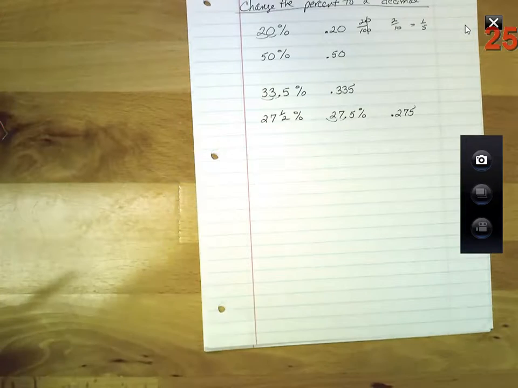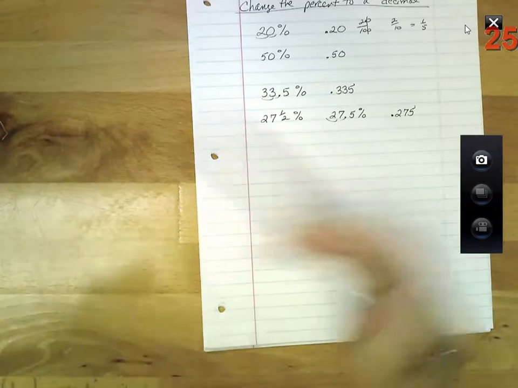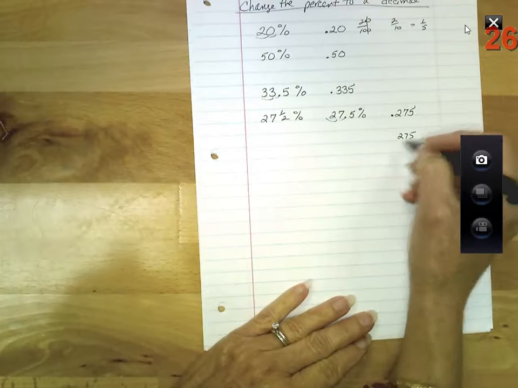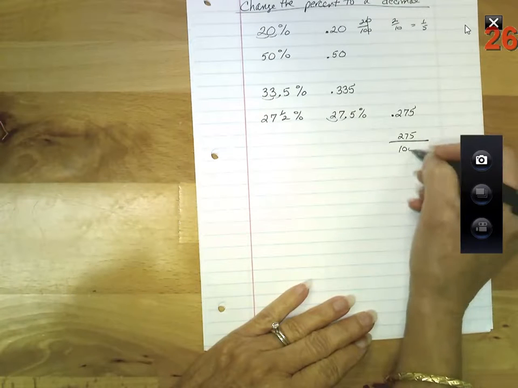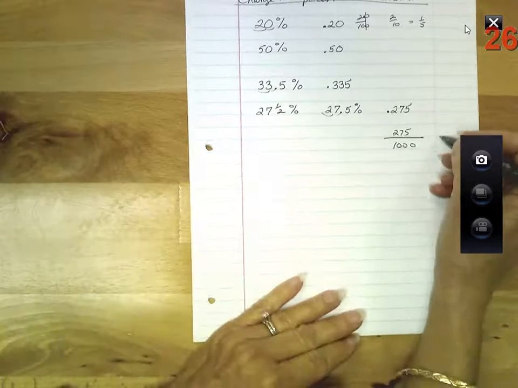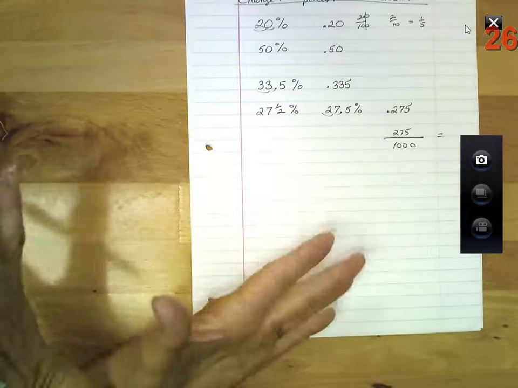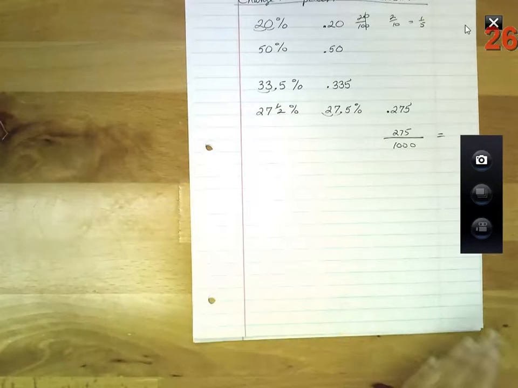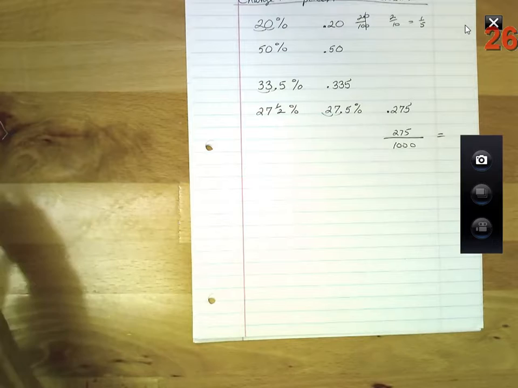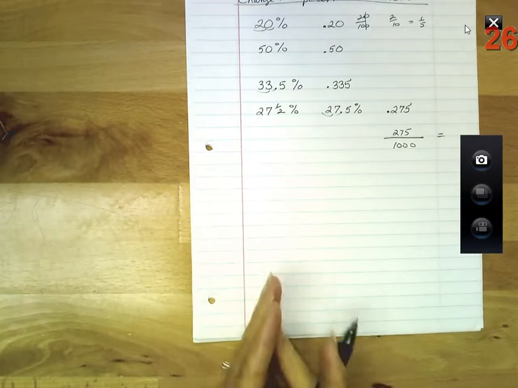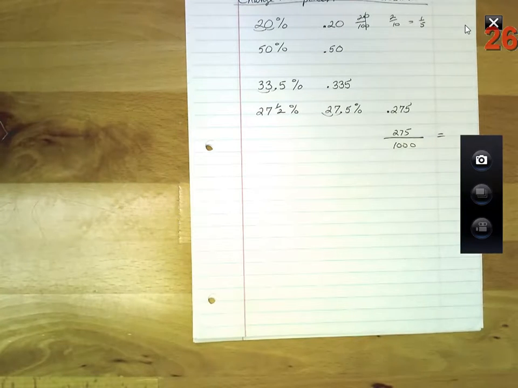If I had to make this into a fraction, I would say 275 thousandths, then I would reduce that. You just don't ever know which way you're going to have to do these. You might start with a fraction, make it go to a decimal and then to a percent, or from a percent to a decimal to a fraction, and put it in lowest terms.